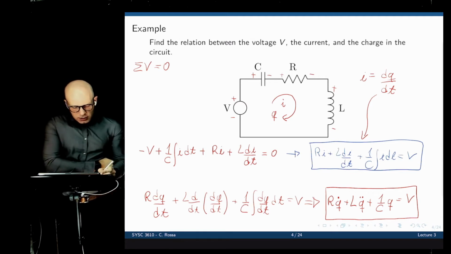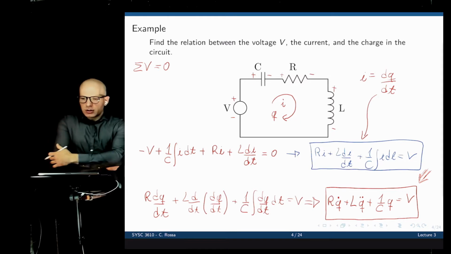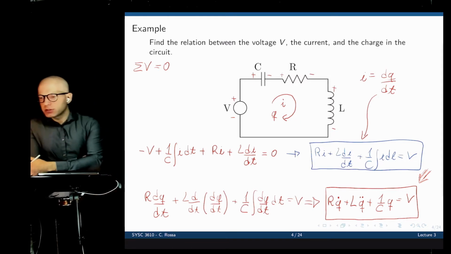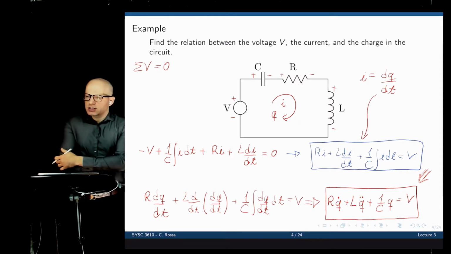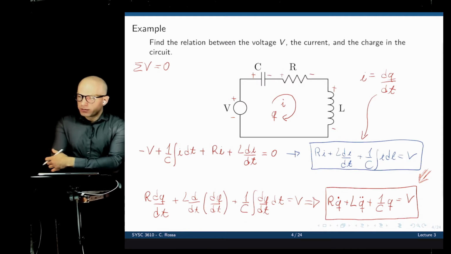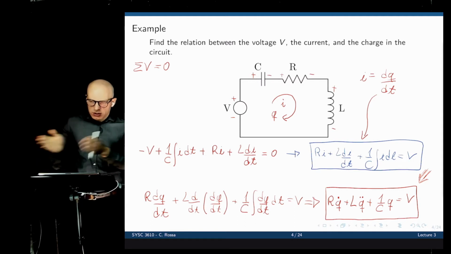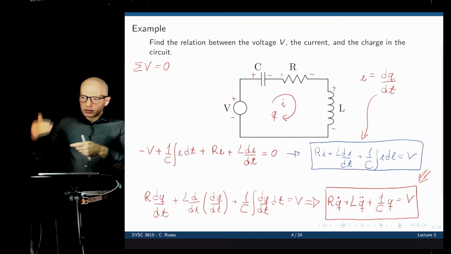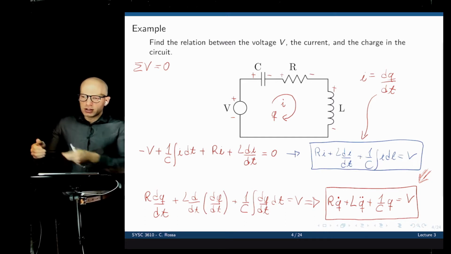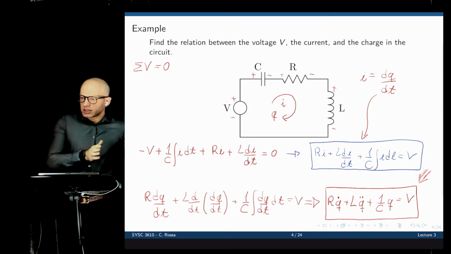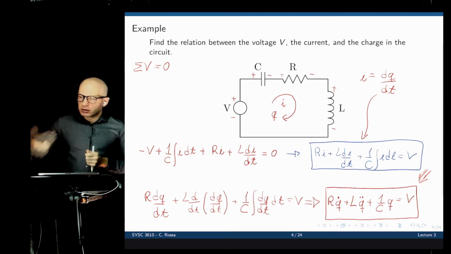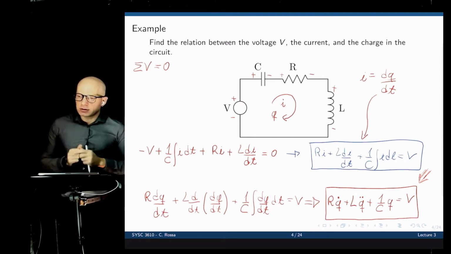So here are the equations we established. Now let's take this equation here and take a look at it. You remember from the last lecture, we derived an equation for a mass spring damper system, and that turned out to be a second order differential equation as well, where we had on one side of the equation the displacement or the speed and its own derivatives, and on the other side an input to that system, a forcing function, and that was the force.